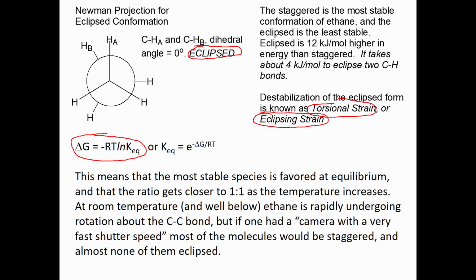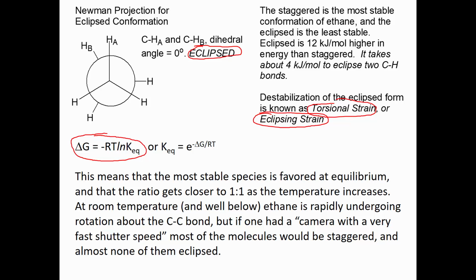If two things are in equilibrium, the more stable one will be the one that's more abundant, and the more stable it is, the higher the relative abundance of the more stable one to the less stable one. And this also means that as you increase the temperature, the ratio gets closer to 1 to 1.